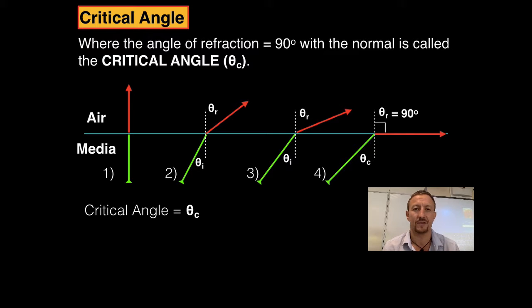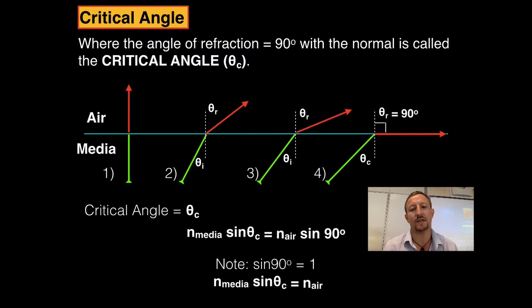So here's my Snell's law: the refractive index of the medium times the sine of the incident angle, in this case theta c, the critical angle, will equal the refractive index of the second medium, where the light is moving into, times sine 90 degrees, because remember, the refracted ray is going to be passing along the surface of the medium. The thing to understand is that sine 90 always equals 1.